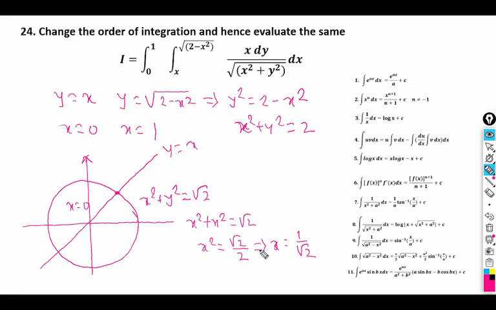So where is the x equal to 1 line? I have to check that mainly. x equal to 1 will pass through which curve?